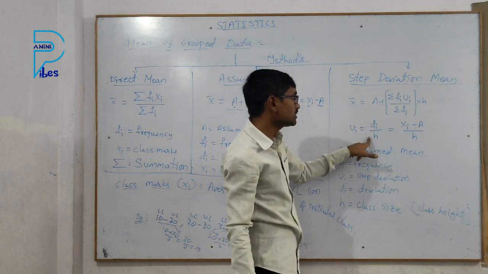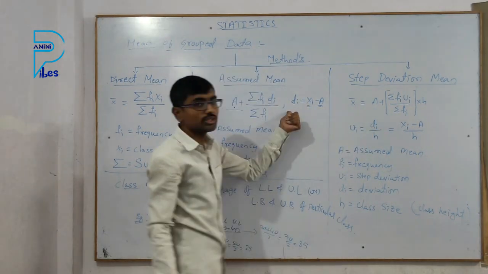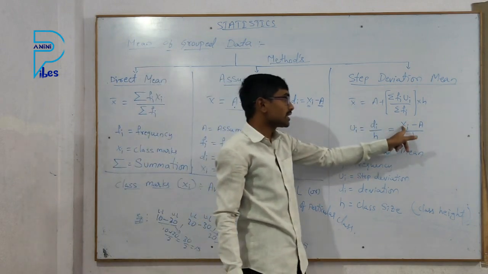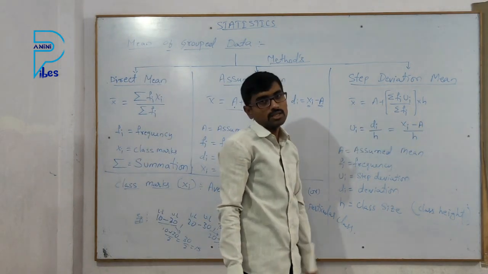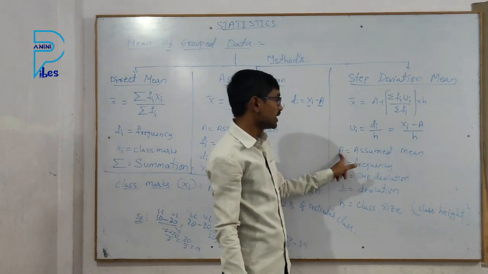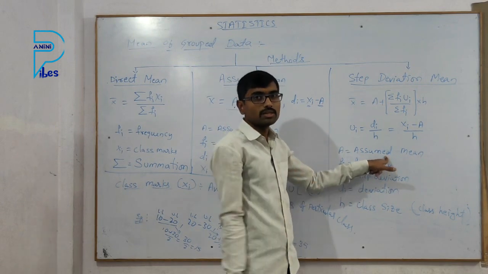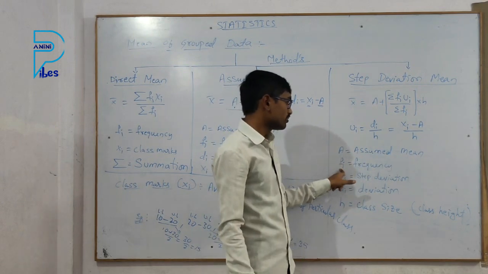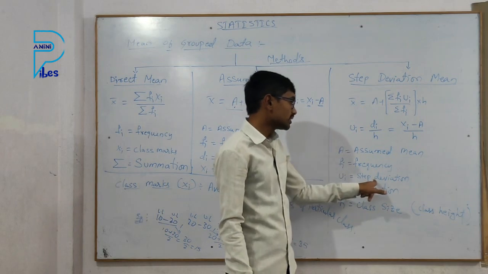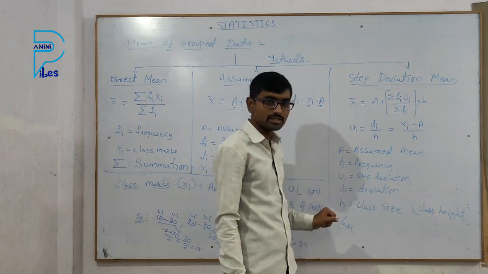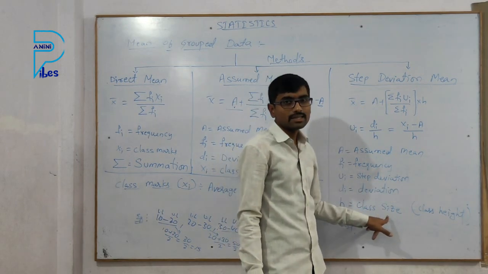So Ui is Di divided by h, where Di, I have already told you, the deviation is Xi minus A. Here A is the assumed mean, we will assume the mean previously. Fi is frequency, Ui is step deviation, Di is deviation, and h is called class size.